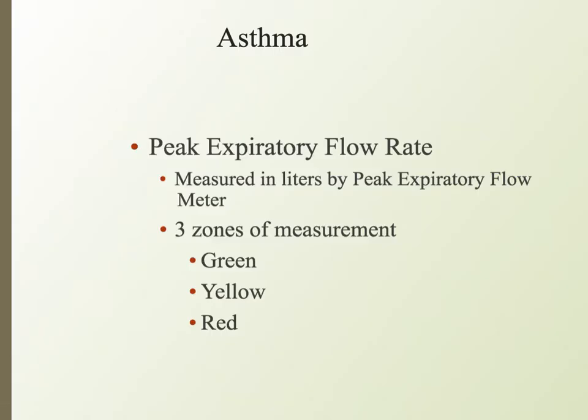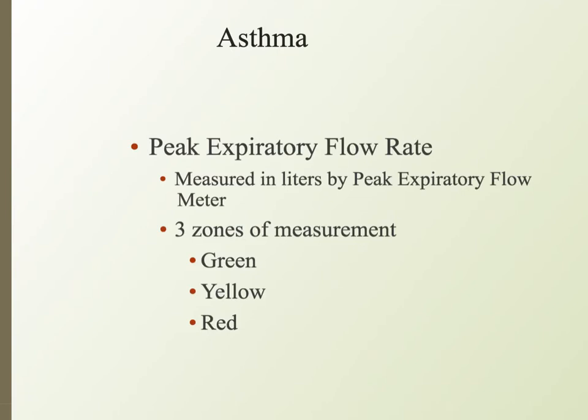Okay, so peak expiratory flow rate. This measures the maximum flow of air that can be forcefully expelled in 1 second. So the patient does a quick puff with their flow meter, and you note the number. And then they repeat their breathing into the meter 3 more times, and they wait 30 seconds between each one.